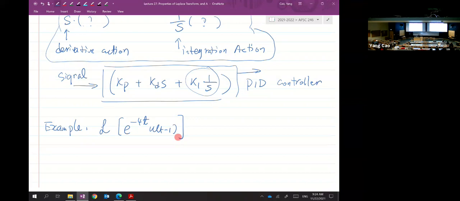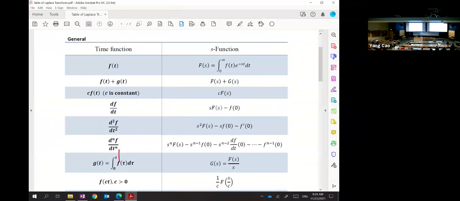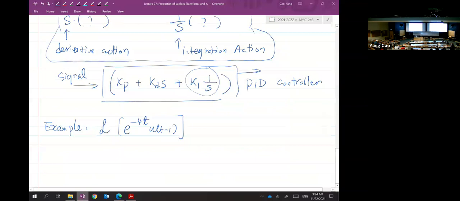When you want to apply certain properties from the table, this is the properties table here, and this is the result of the S function. You have to be able to write whatever you have inside the bracket in the same format as in that table before you can apply it.